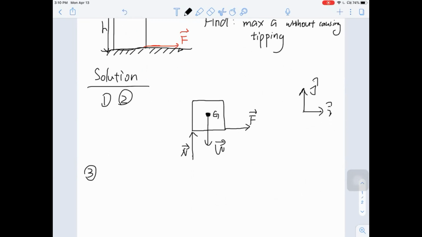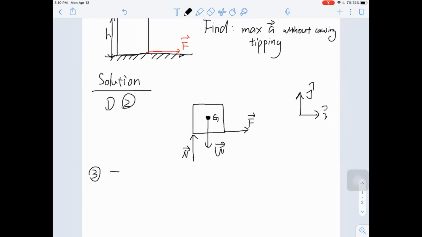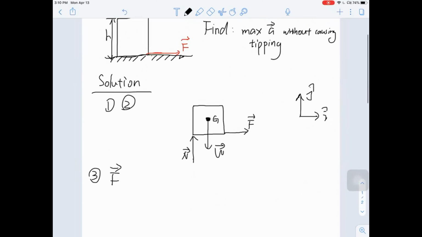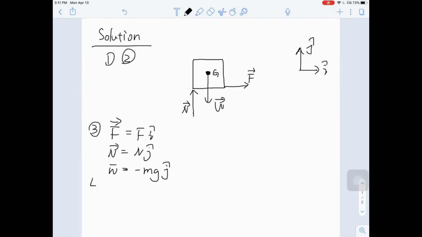Step 3 is to write all the forces in vector form. We have F in vector form. It's going to be Fi. Normal force is going to be Nj. Weight force is going to be -mgj.